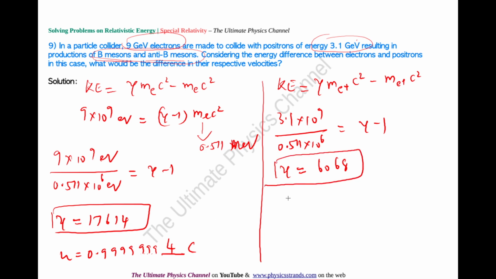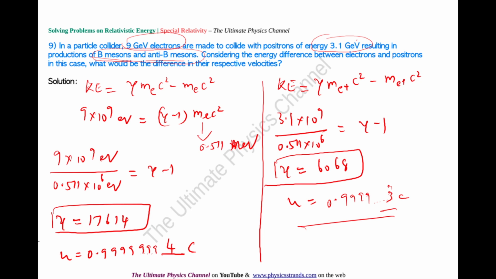And then if I work out the velocity there also, I'm getting again 0.9999, and then at around the 8th decimal some other value, maybe 6 or 7. So you can clearly see that in this case the speed is varying only in the 7th or 8th decimal places.